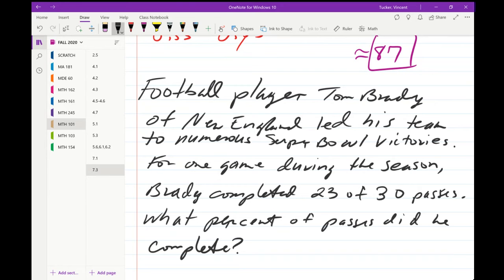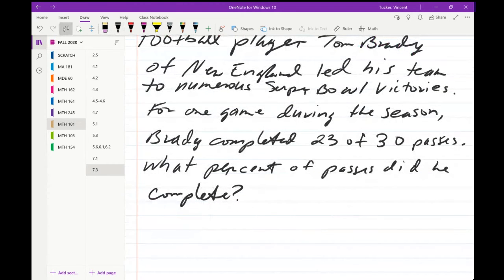All right. Football player Tom Brady of New England led his team to numerous Super Bowl victories. For one game during the season, Brady completed 23 of 30 passes. What percent of his passes did he complete? So once again, we want to make that statement.